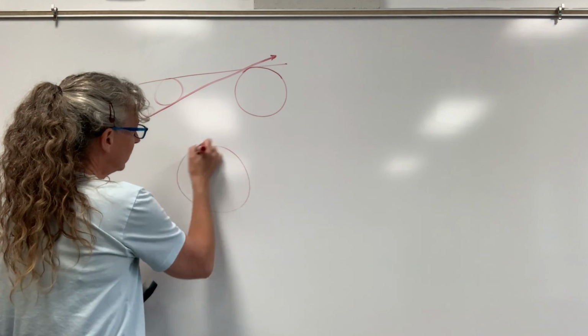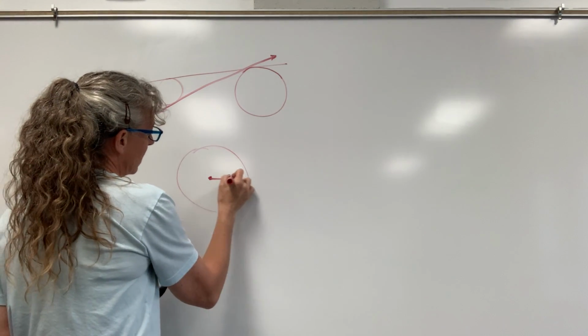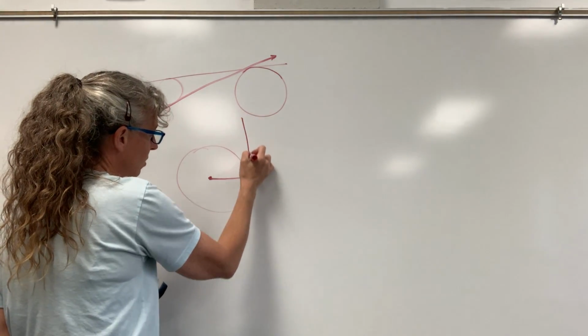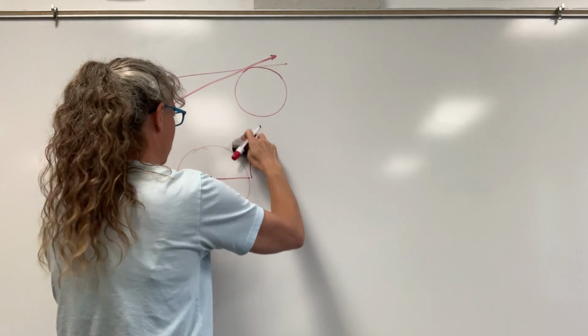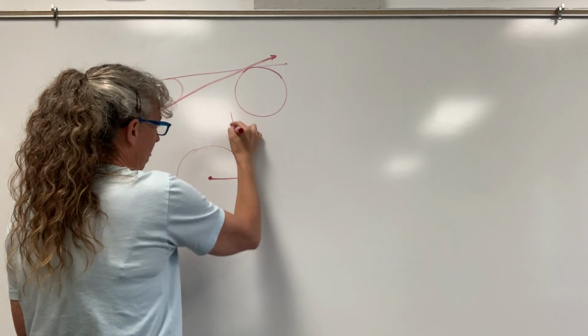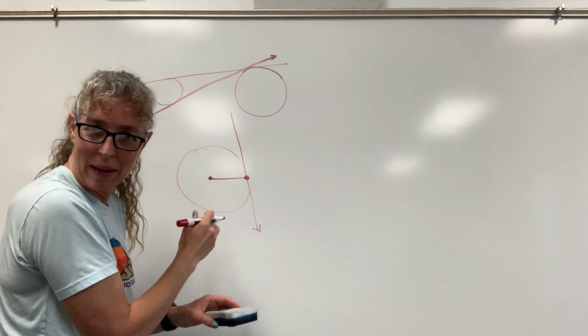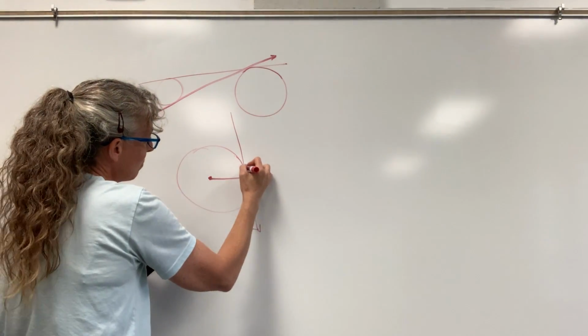All right, let's look at the theorems on 794. If I have a circle and I have this radius here, and if the radius hits at the point of tangency, well, that's not going to work. If there's my point of tangency on this kind of smashed circle, sorry. There's my point of tangency.